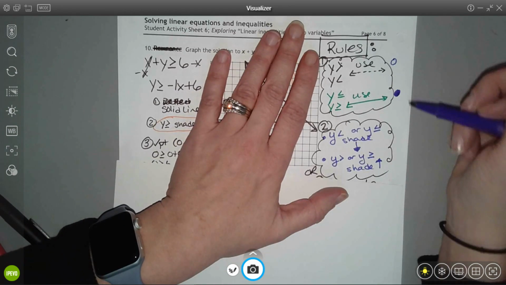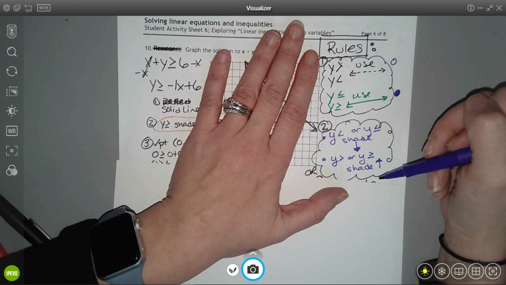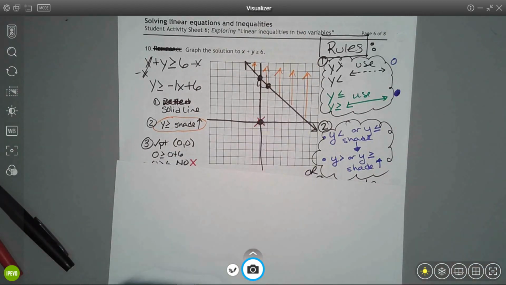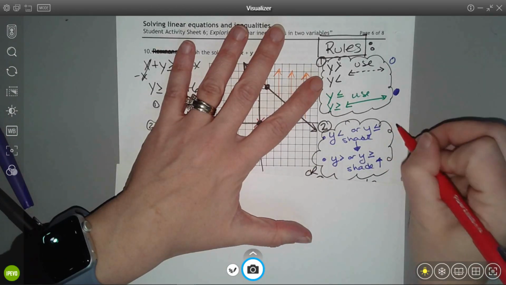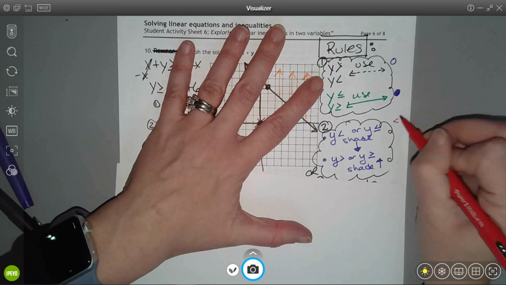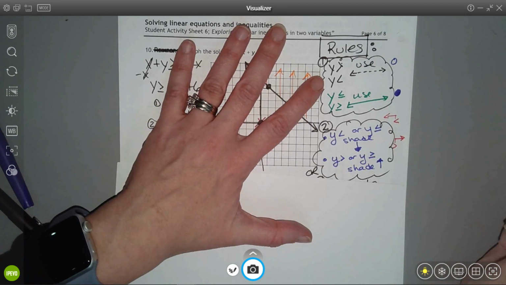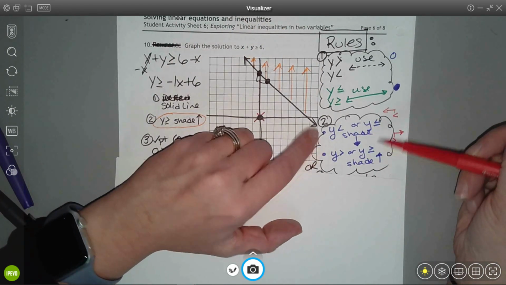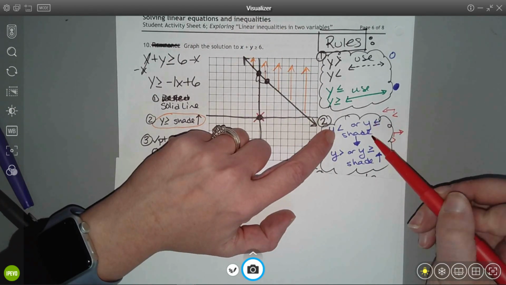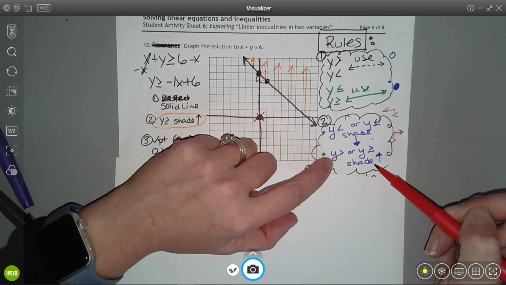Now, my shading, guys, this is equivalent to when we drew the arrows one way or the other. If it was a less than, we drew the arrow that way. If it was a greater than, we drew the arrows to the right, okay? Same thing here. If it's less than, we're going to shade down. If it's greater than, we shade up.